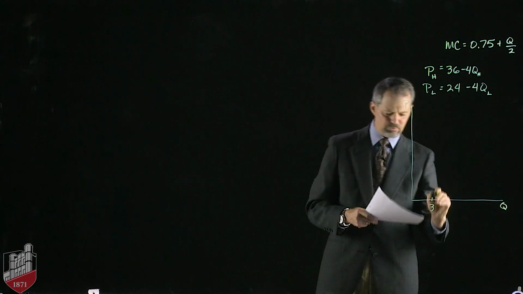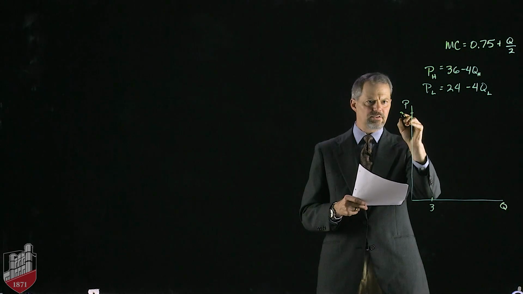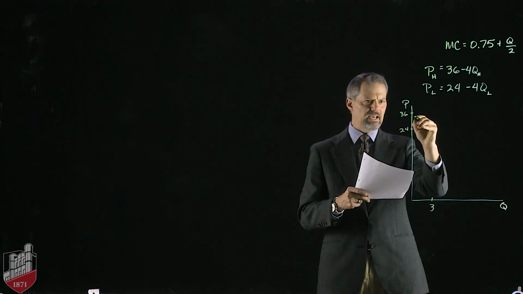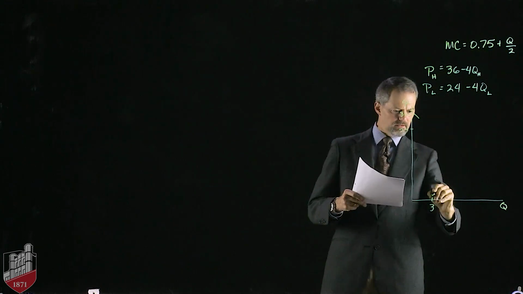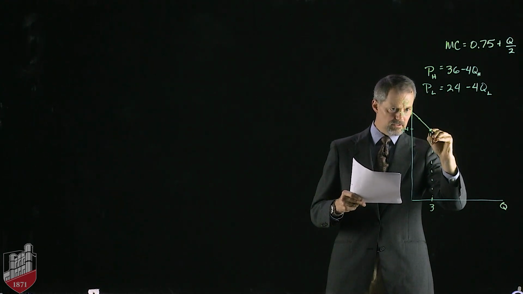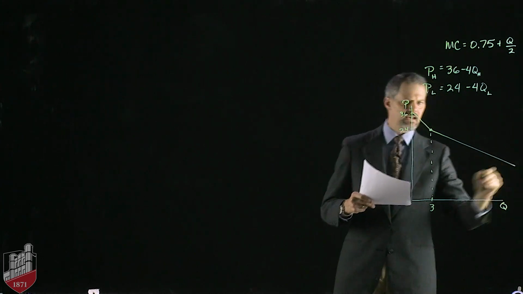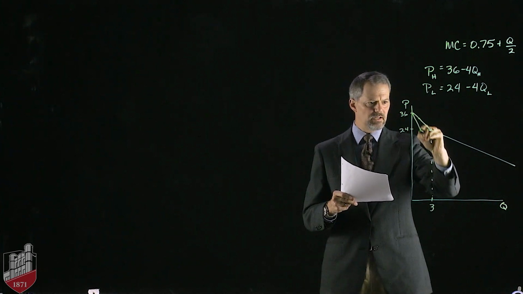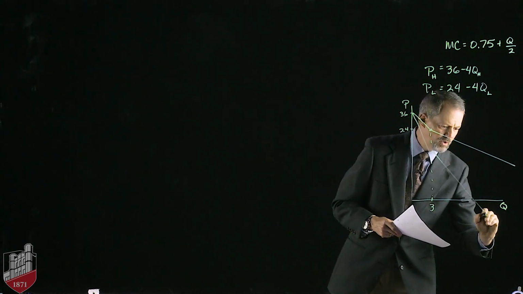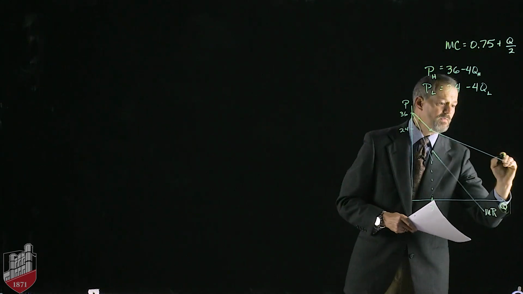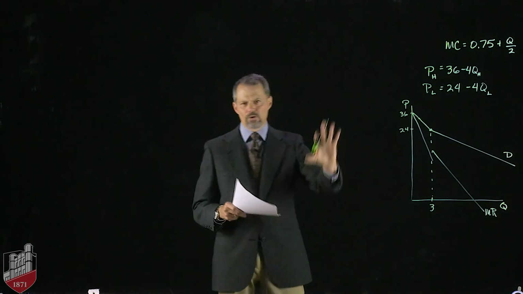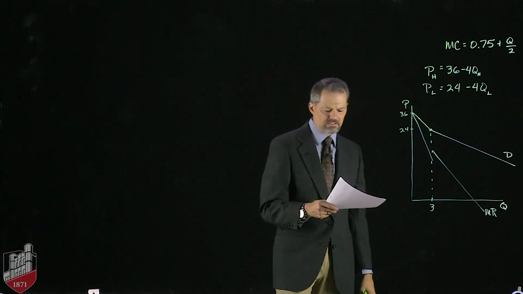This quantity of 3 was important, this price of 36 and 24. So we had something that looked like this, came down to right here, and then looked like that. And then we had a marginal revenue curve that looked something like that. So there's our marginal revenue. Here's demand. So we've already talked about how to come up with that.